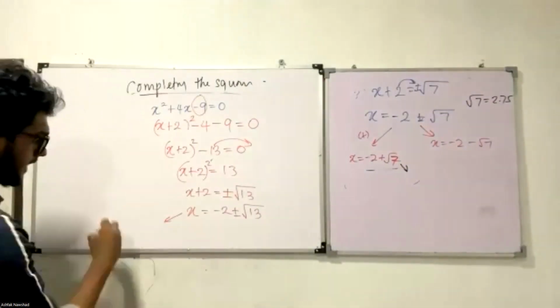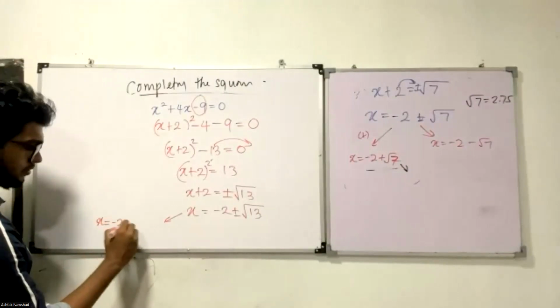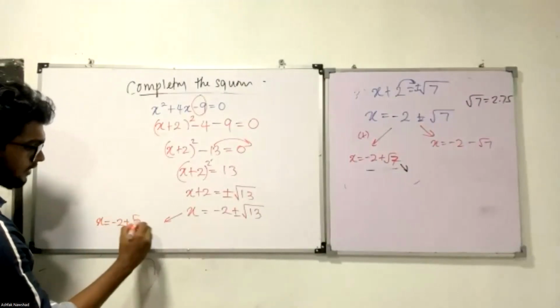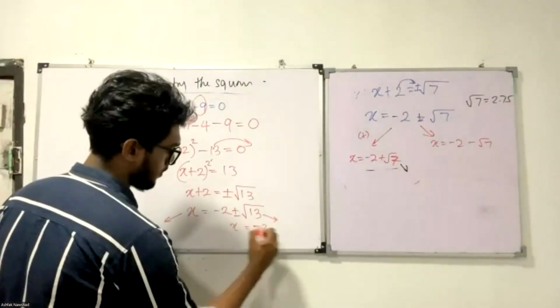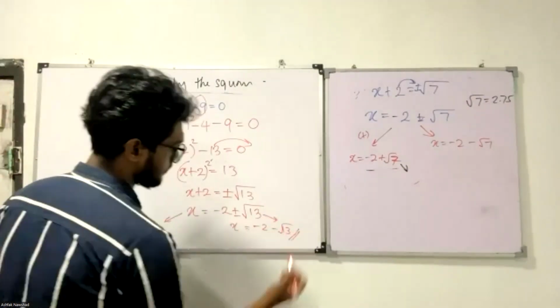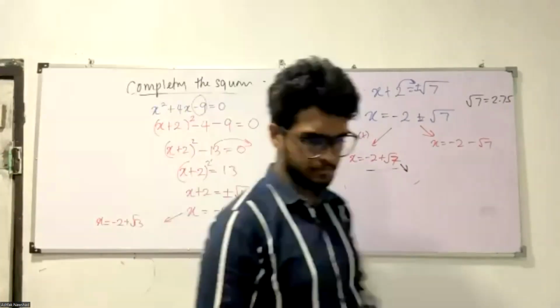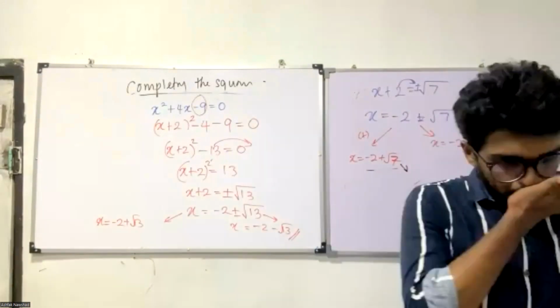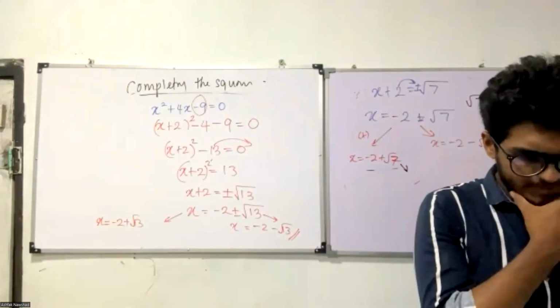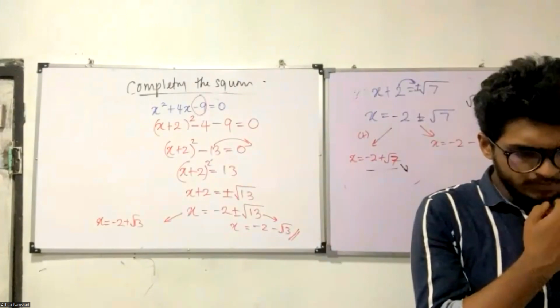So, x can be minus 2 plus root 13, or x can be minus 2 minus root 13. Is this clear? Yes. Okay.